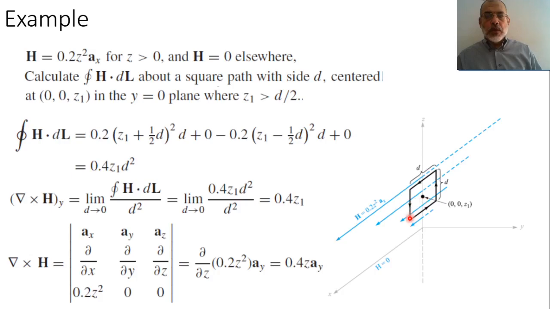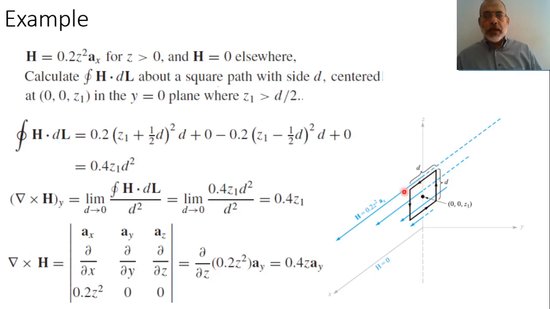So we are talking about z from z1 minus d over 2 to z1 plus d over 2. This is a path along the z, and the other one is from z1 minus d over 2 to z1 plus d over 2, and this along the z-axis.